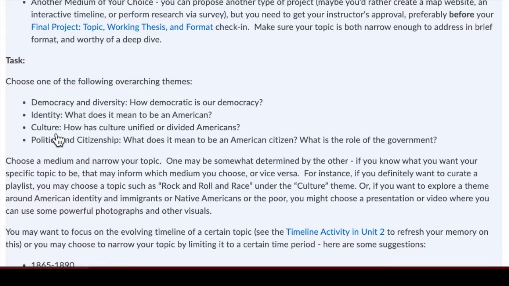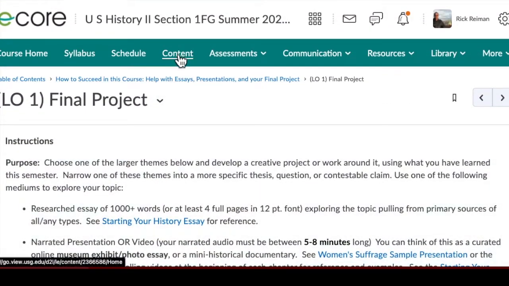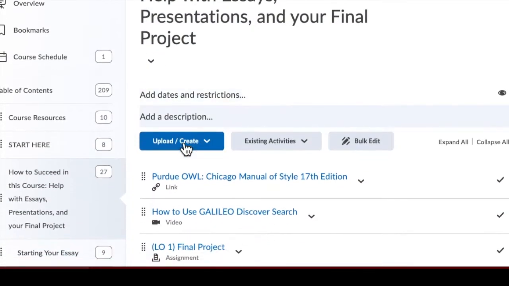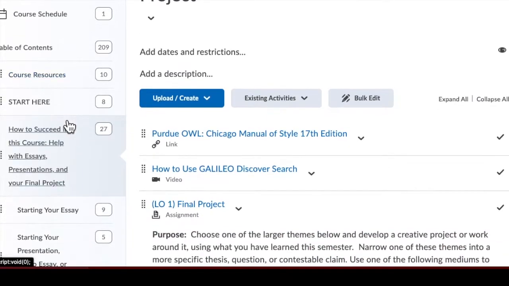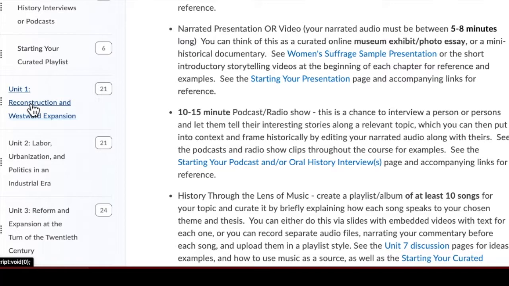Let's suppose you've picked the one on culture. How has culture unified or divided Americans? Well, if you go up to content, you will notice that under each of the units in this course, such as Reconstruction, let's pick that.